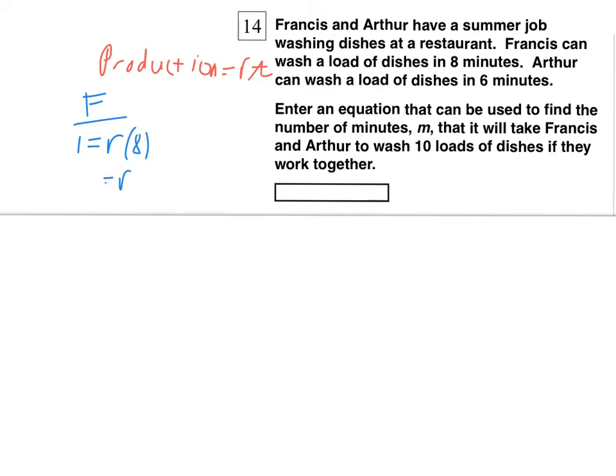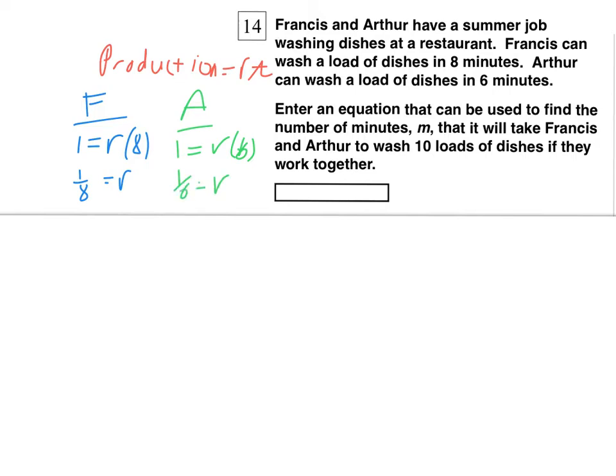So then I would say Francis's rate is 1/8, which means that every minute he can wash an eighth of a load of dishes. Then after 8 minutes, he's going to be done. So then Arthur, on the other hand, he can produce 1 load of dishes in 6 minutes. So his rate is 1/6.